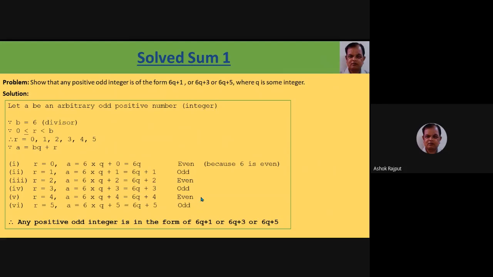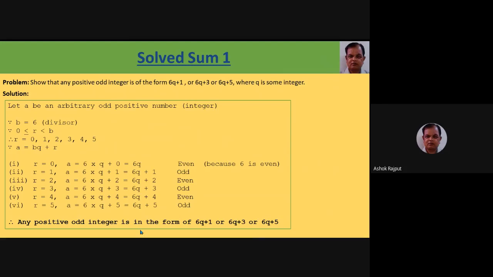Now we will write only the odd numbers, not the even ones, because the question says positive odd integers. So from what we have solved, we take only the odd integers. The first is 6q plus 1, the next is 6q plus 3, and the last is 6q plus 5.